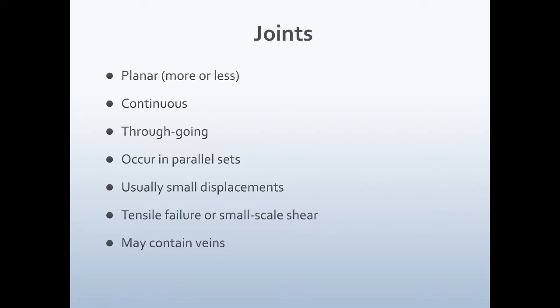And they generally result from tensile failure, so the rock being pulled apart, or very small amounts of shear. And joints may contain veins. Sometimes you'll see a set of these cracks that have vein material in them.